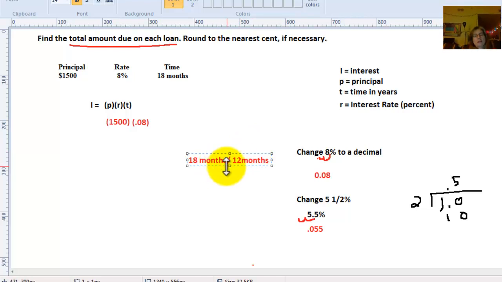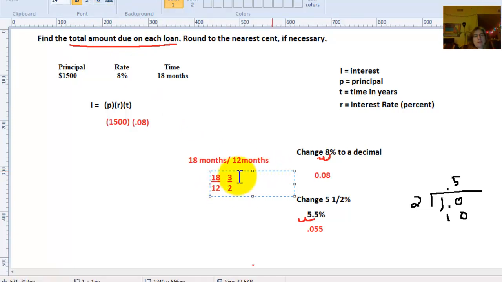You can reduce 18 over 12. And you can divide both numbers, the numerator and the denominator, by 6. And if you divide 18 by 6, you will get 3 on the numerator. And if you divide 12 by 6, you get 2.